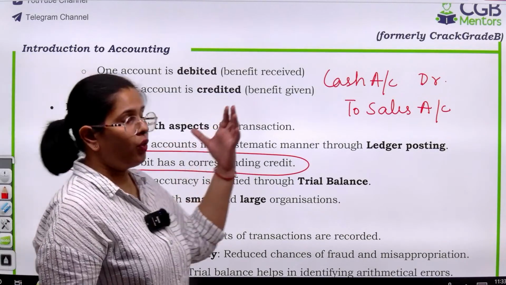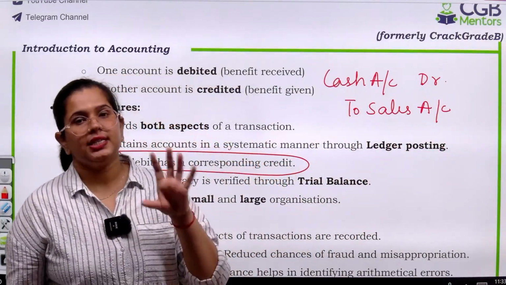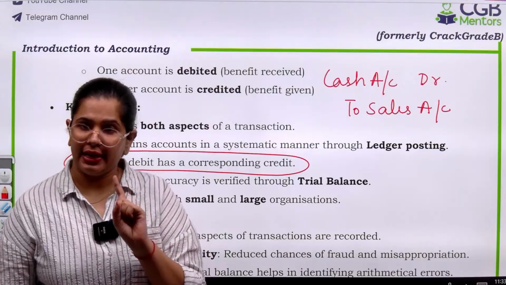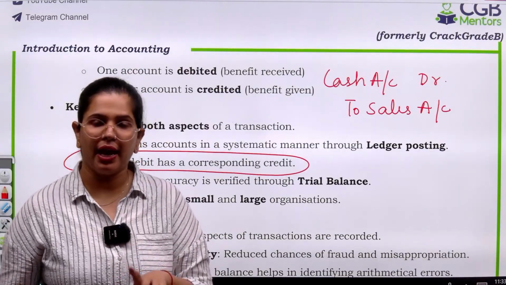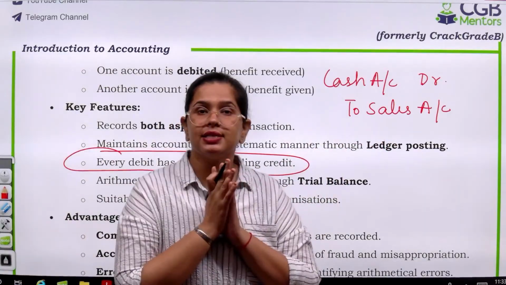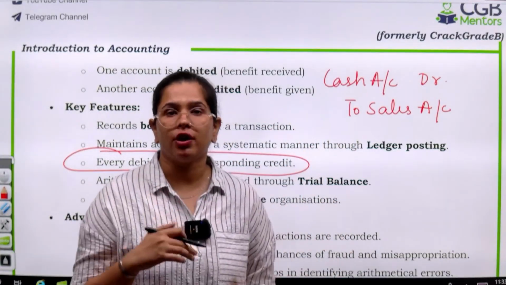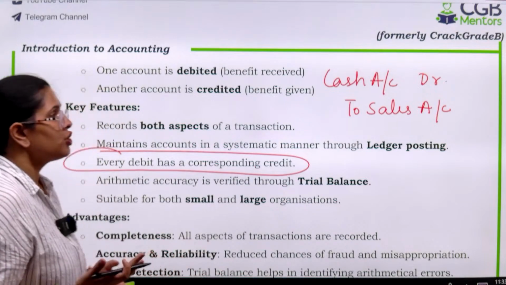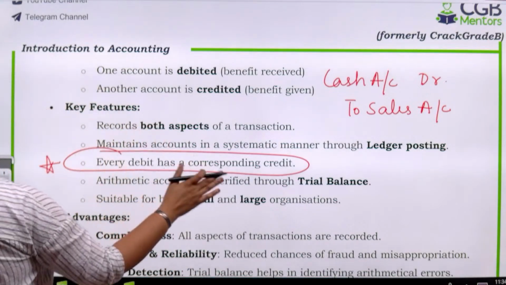So nominal account का rule क्या है? If it is an expense or loss, debited. If it is income or gain, credited. ठीक है, अगर इनकम है और गेन है तो क्रेडिट करना है. सो सेल्स इज व्हाट? सेल्स इज योर इनकम, राइट? आई हैव क्रेडिटेड इट. कैश इज व्हाट? रियल अकाउंट, राइट? So you see, every debit has a corresponding credit.